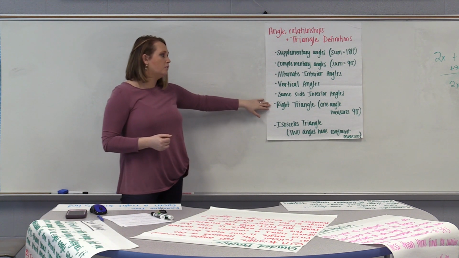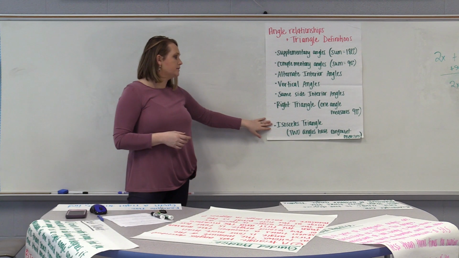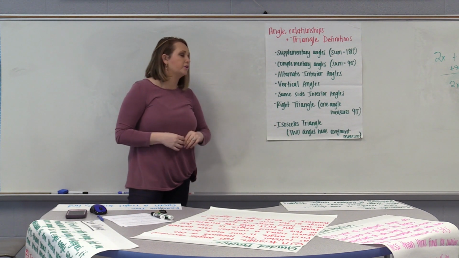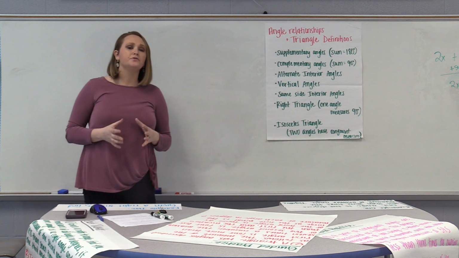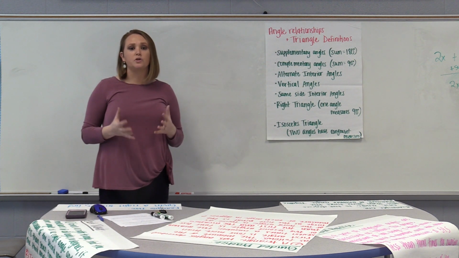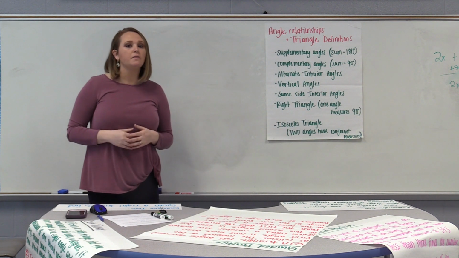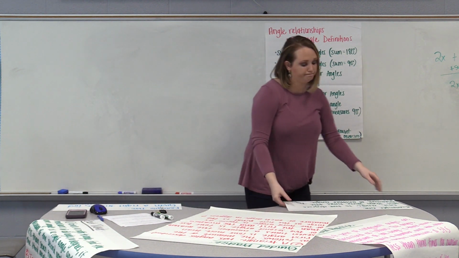A right triangle has one angle that measures 90 degrees, and an isosceles triangle has two angles that are congruent. We also must remember the triangle sum theorem that states all angles in a triangle must add up to 180 degrees. Let's solve the following problem together.